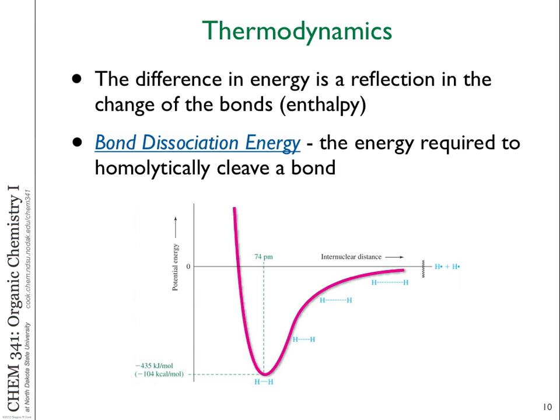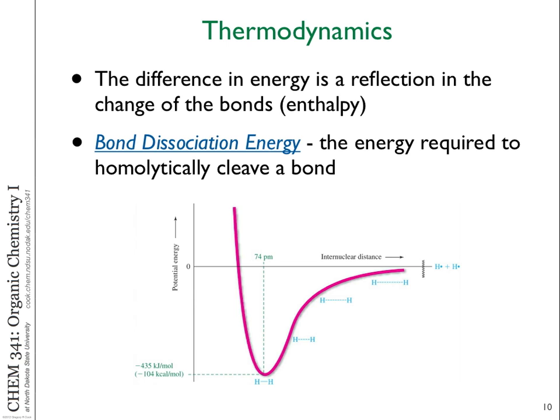That's what is defined as the bond dissociation energy. And they're different for each kind of bond between atoms. It's the change in those energies, both broken and formed, that give rise to the overall change in the enthalpy for the reaction.